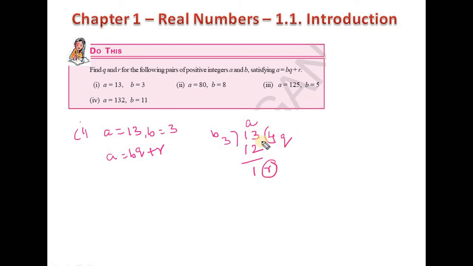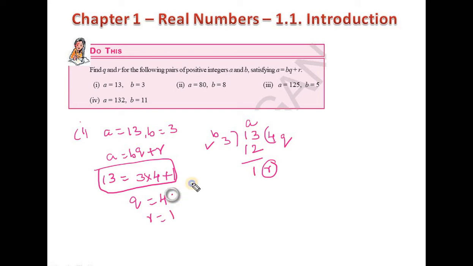So how you will be writing your 13 value can be written in this format. So 13 is equal to B into Q. So B is what? Here 3. 3 into 4 plus 1. So you can write this problem in this manner, and if they ask you what is your Q value, my Q value is 4 and R value is 1.